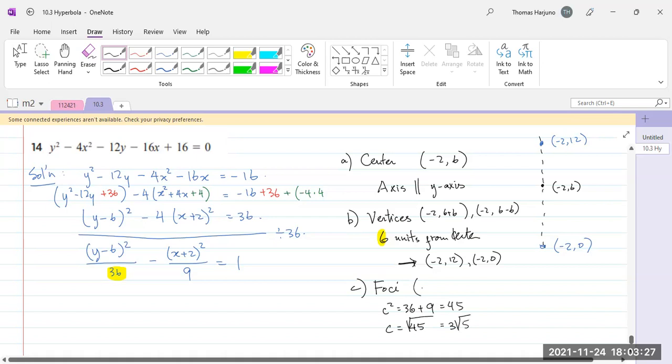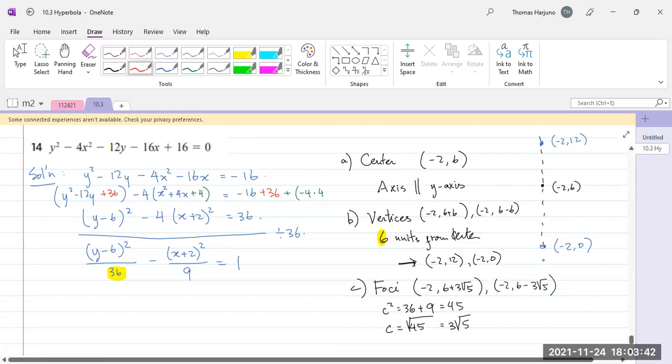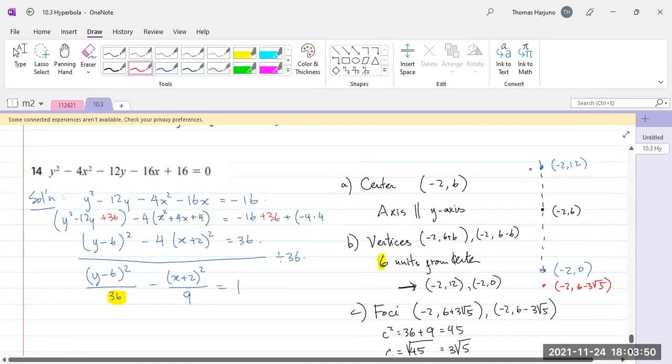So the foci will be negative 2, 6 plus 3 radical 5, and negative 2, 6 minus 3 radical 5.